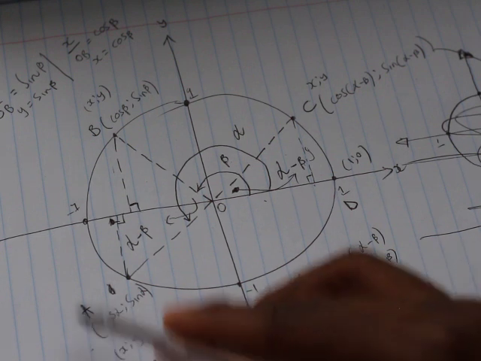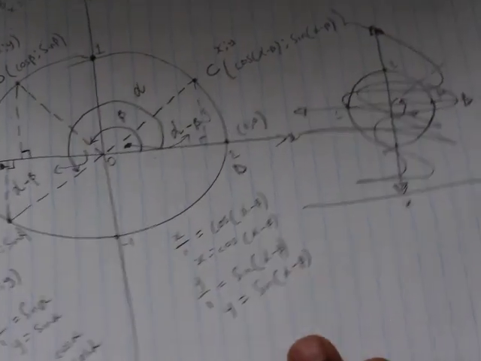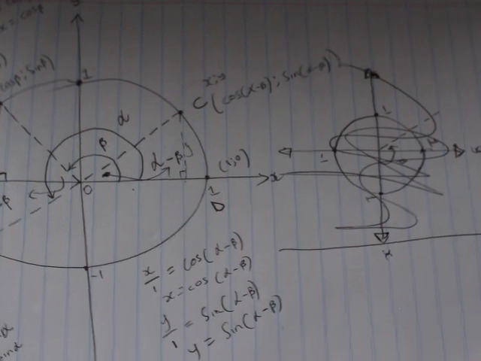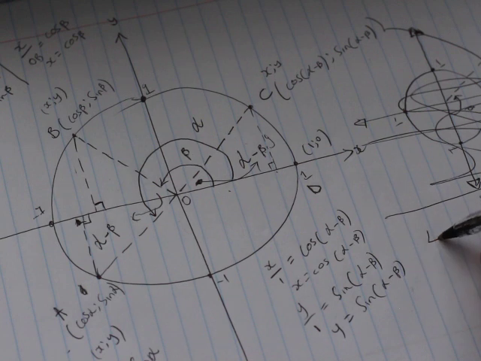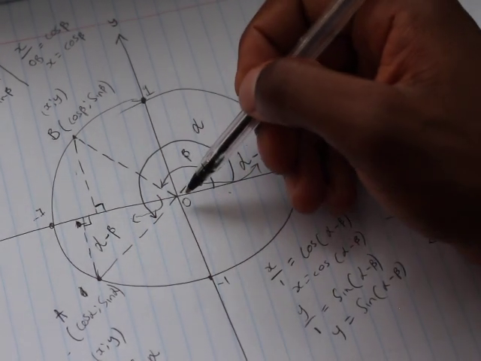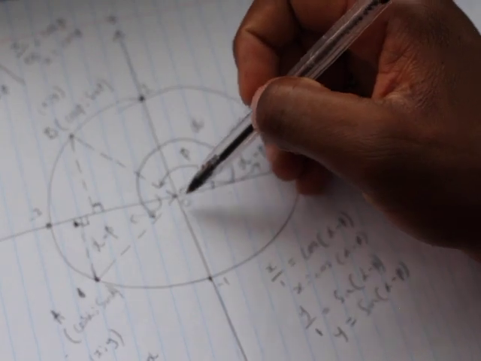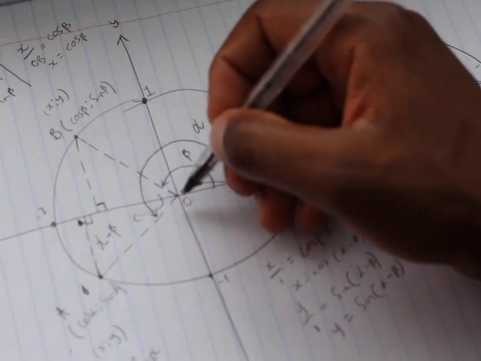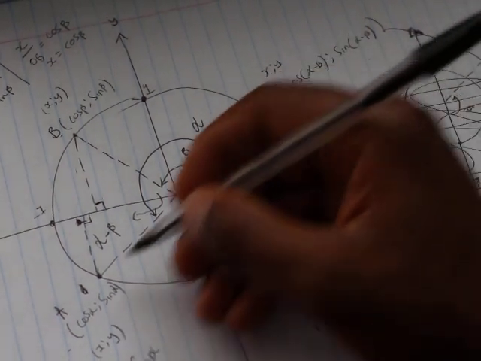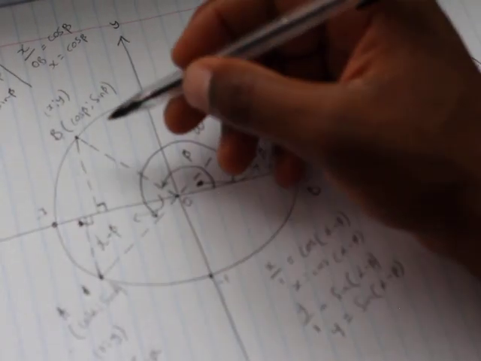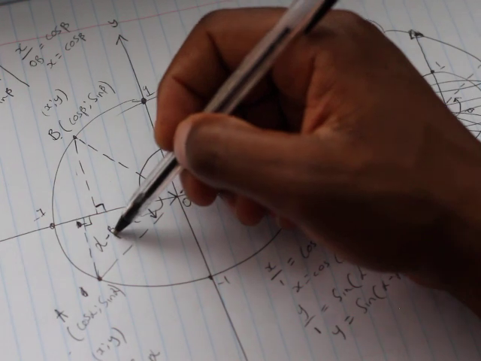Now we've got the coordinates A, B, and C, and we're good to go. So what I need you guys to pay attention to now is the fact that there are triangles which are congruent. If you check triangle OAB, remember the angle between OB and OC is alpha minus beta.